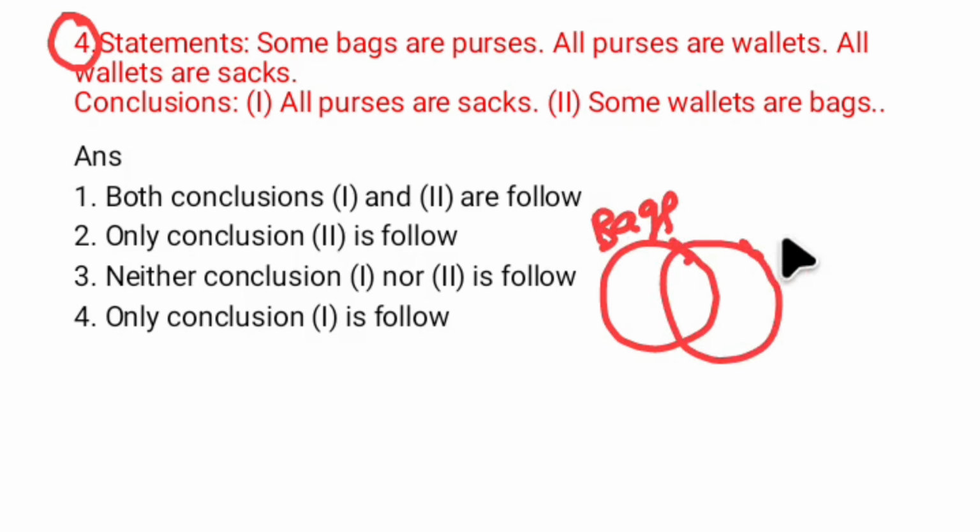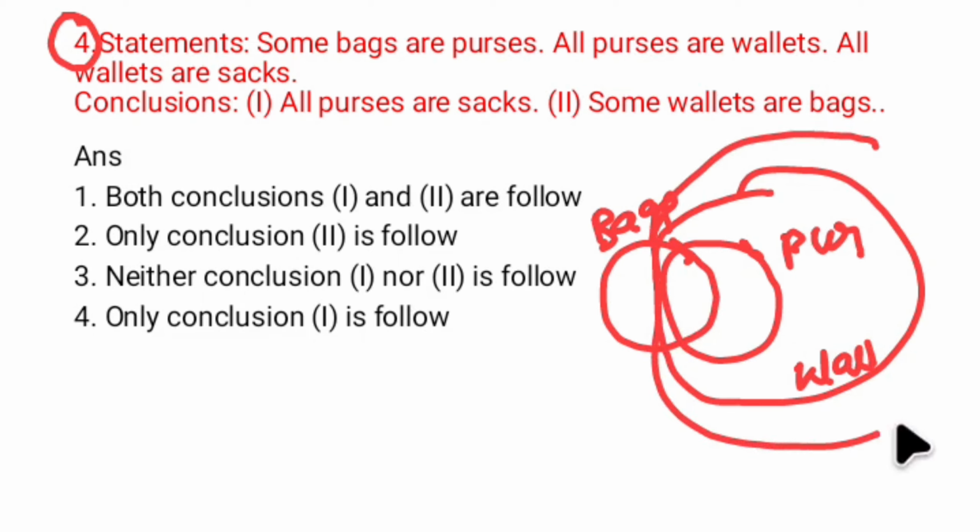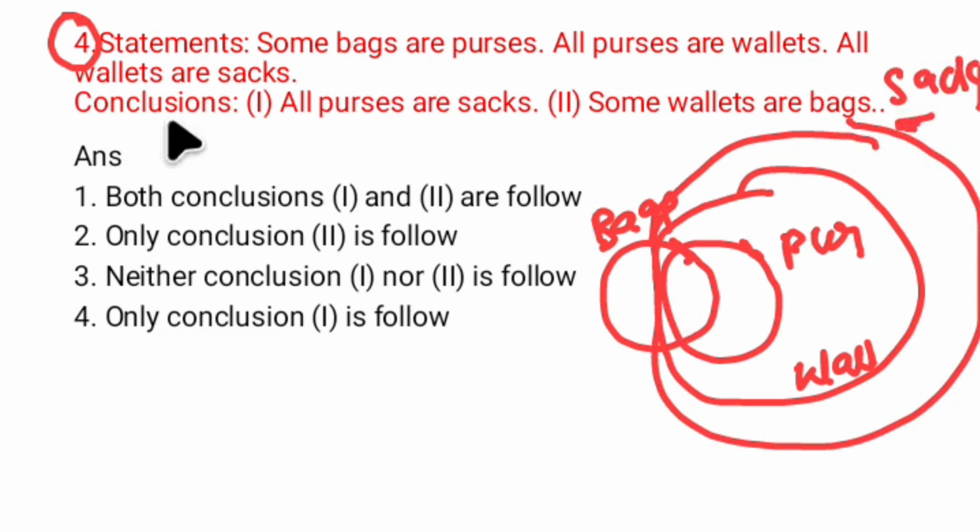Some bags are purses and all purses are wallets. All purses are wallets. Okay, and next, all wallets are sacks. So we draw the diagram.